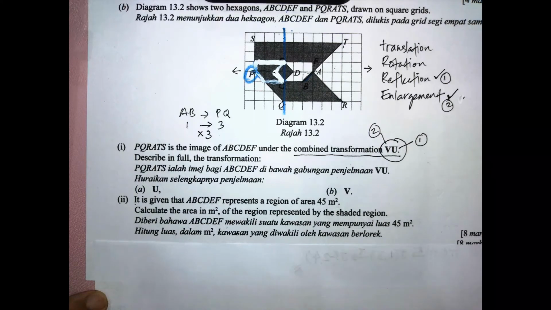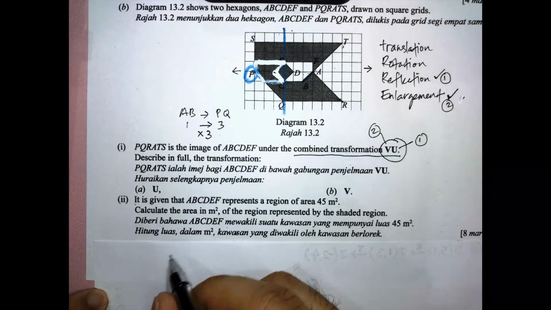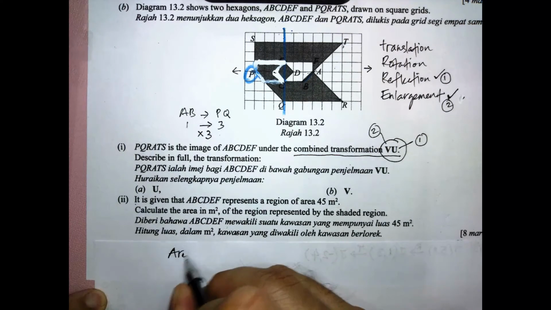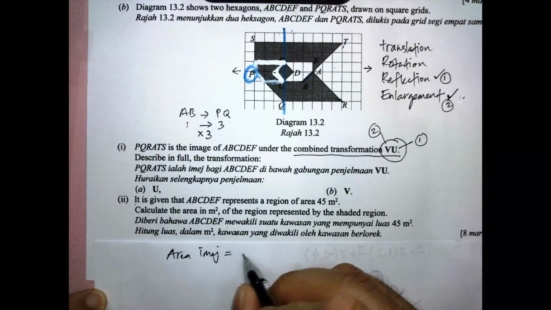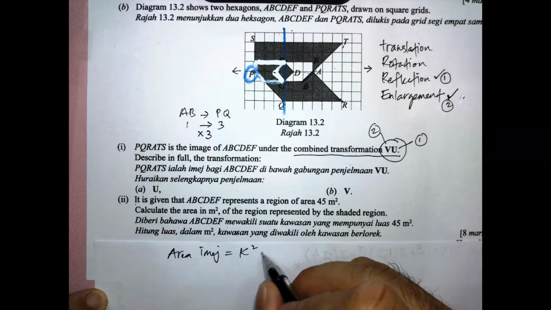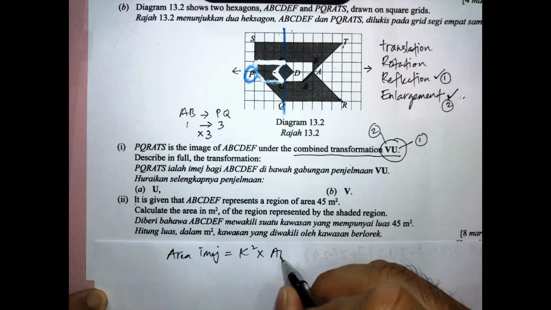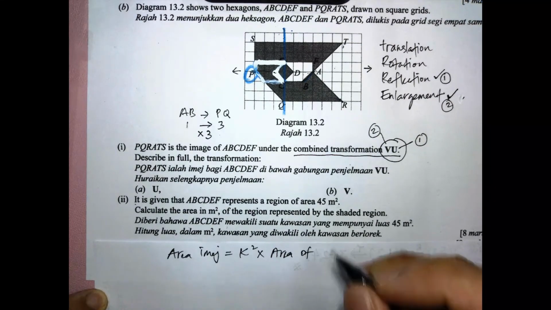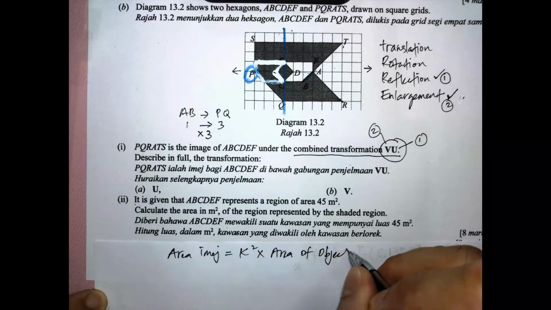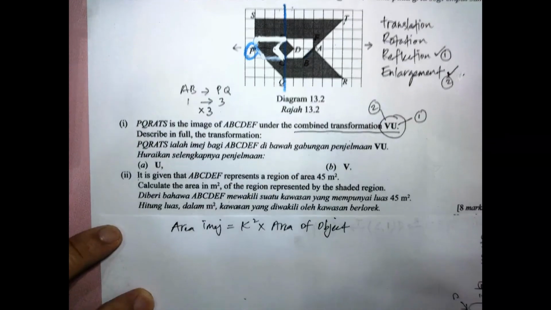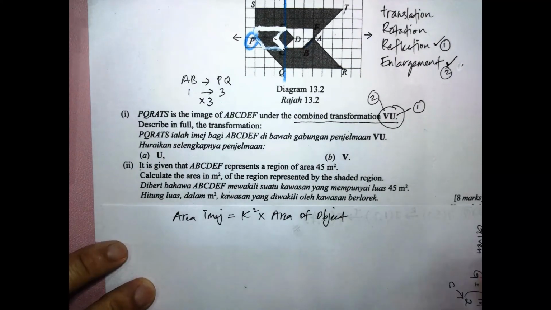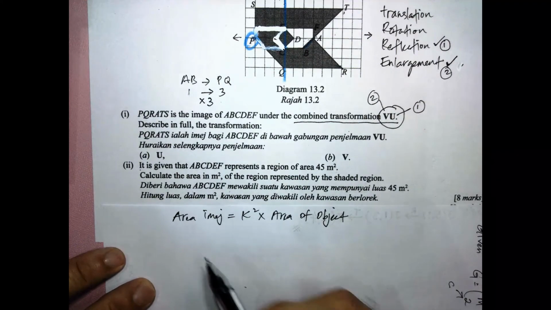So you have to use a formula for this question, which is area of image equal to k squared multiplied by the area of object. This is a formula special for these questions.